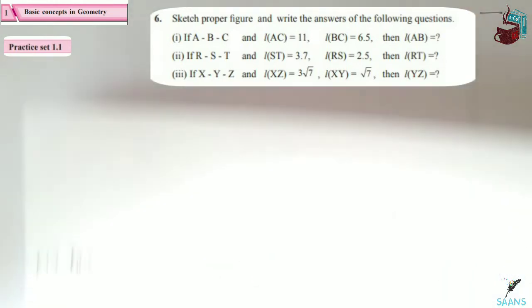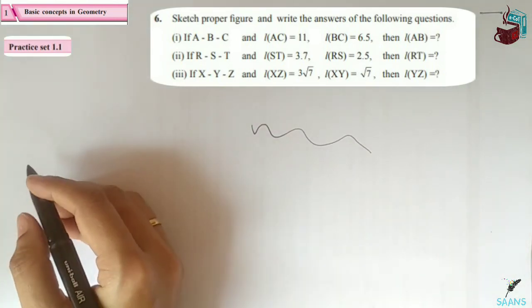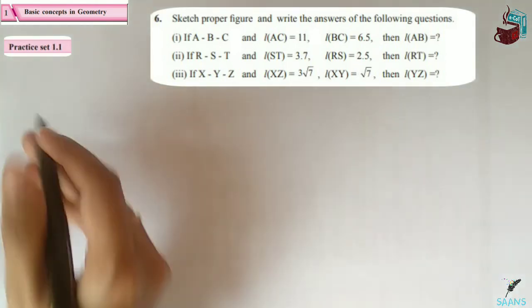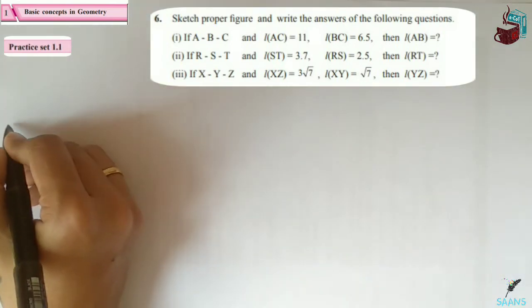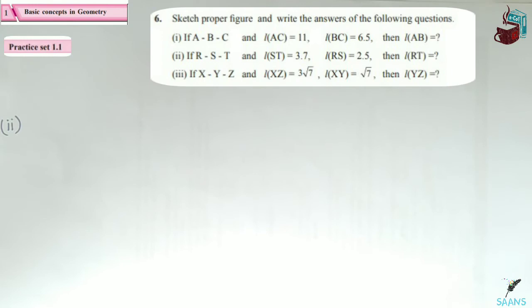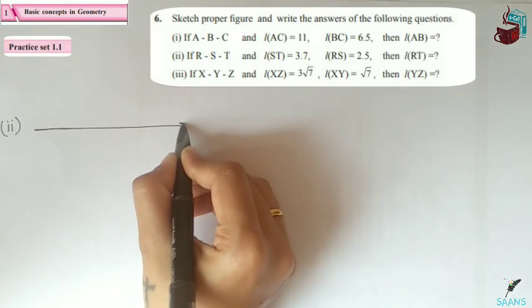Okay, let's move on to sum number 2, question 6, practice set 1.1. Sorry, this page is dirty, so I changed it. So sum number 2: R-S-T. It is simple.